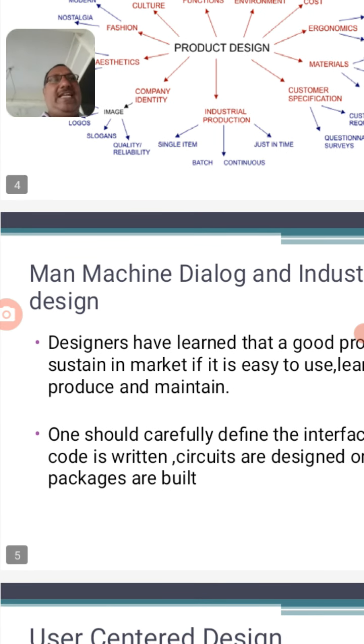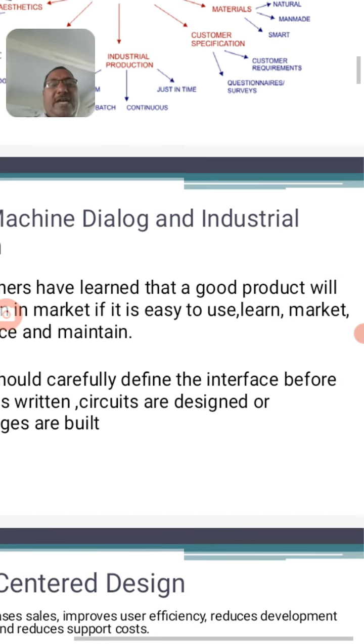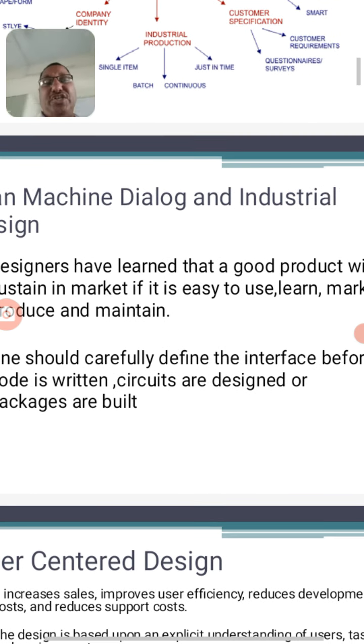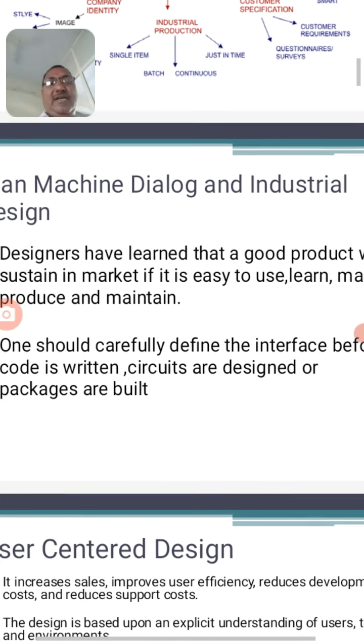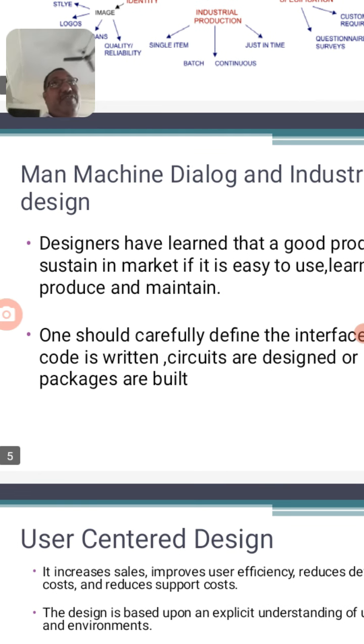Now let us understand the first point from this particular unit, man-machine dialogue and industrial design. Designers have learned that a good product will sustain in market if it is easy to use, learn, market, produce and maintain. Means designer understands that a good product will definitely survive.